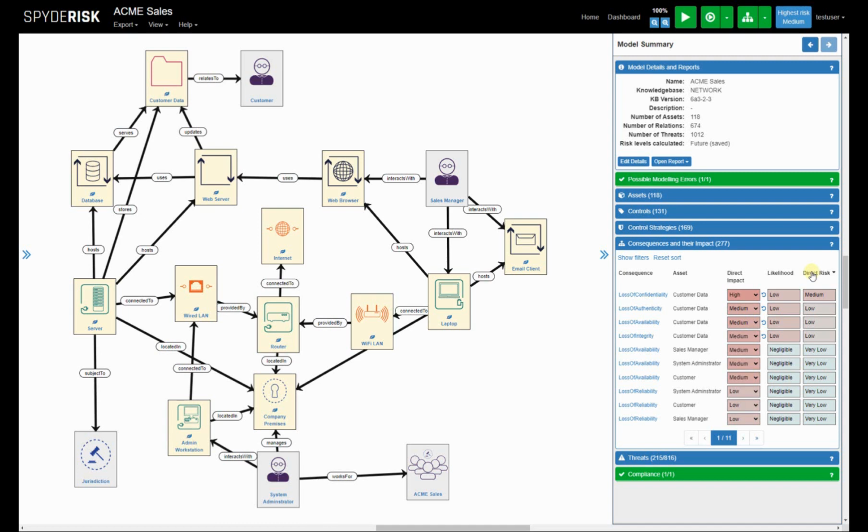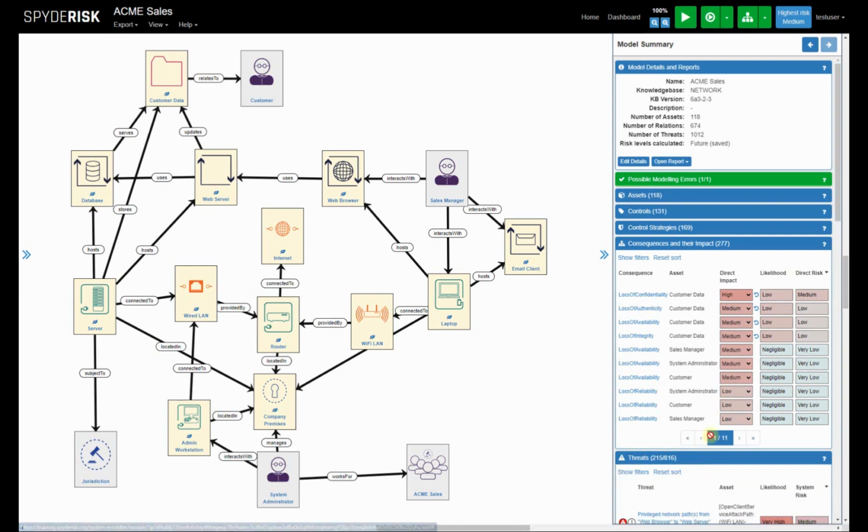The other way into improving the risk level is to look at the threats, which we haven't bothered going into. You can see it's identified 816 threats to the system. Now that sounds quite surprising in terms of the number, but the threats in Spyderisk are very small, localized steps, and we chain them together so that one problem leads to another.